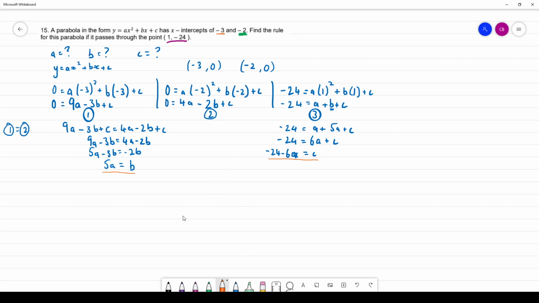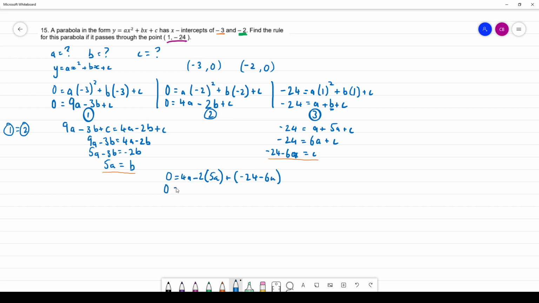A is the only letter left. So let's try subbing everything into equation 2. So 0 equals 4a minus 2b, and remember b is 5a, so I'm just replacing the b with 5a, plus c. So plus, and c is negative 24 minus 6a. And now a is the only variable.